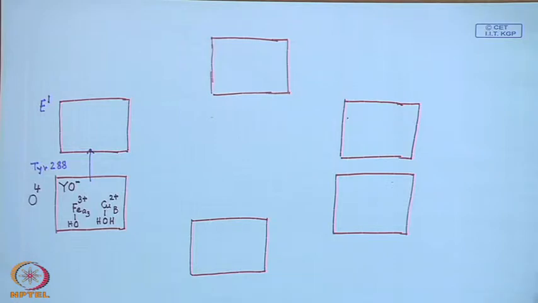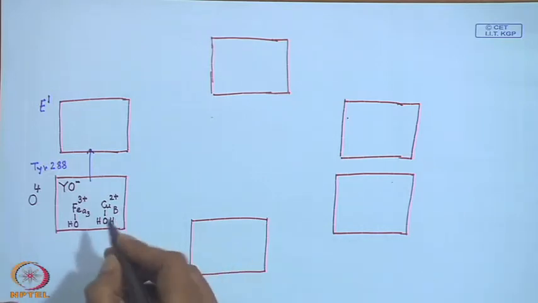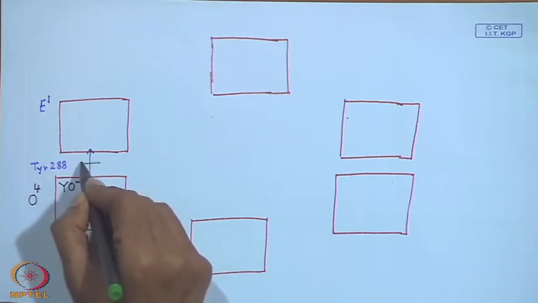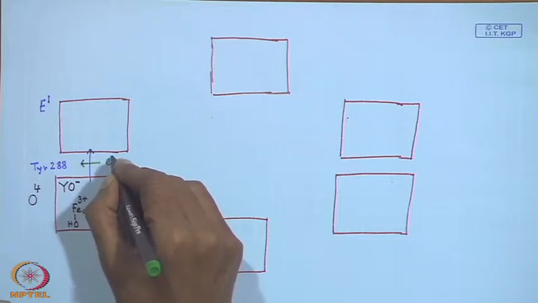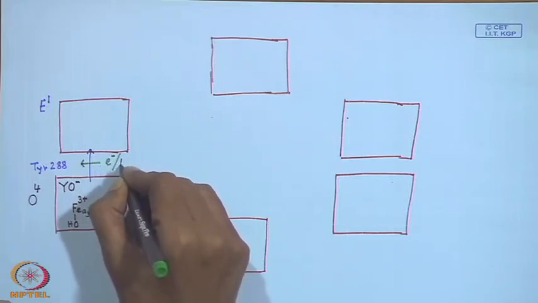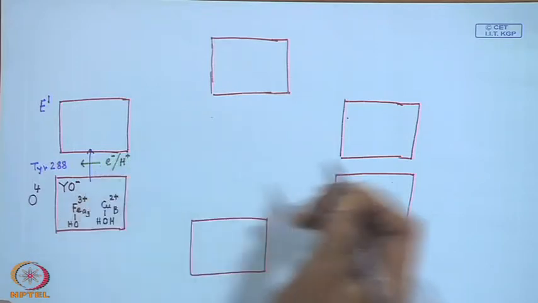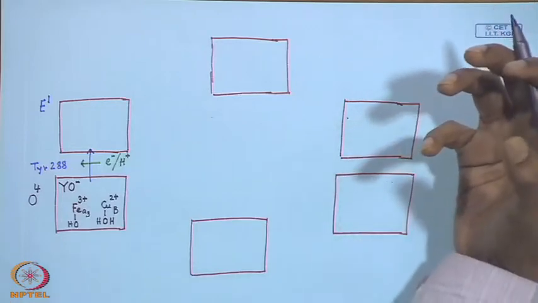So that E1 state, what is that then? Through this particular step we give an electron, and electrons are not moving alone, because all these mitochondrial systems are membrane bound, and we have the phospholipid groups, and those phospholipid groups have the attached cytochrome C oxidase groups.